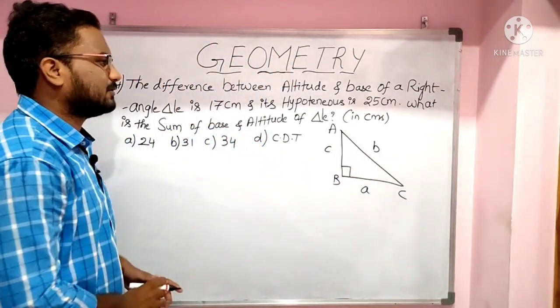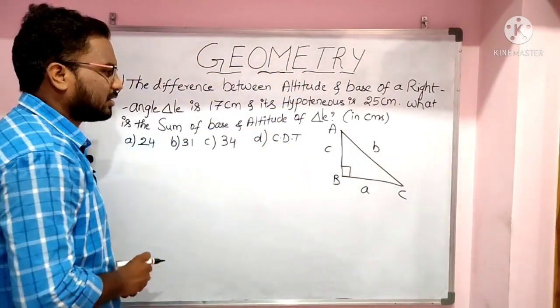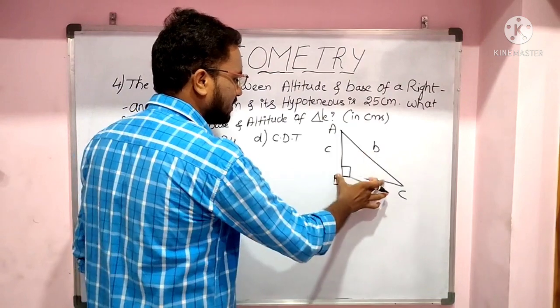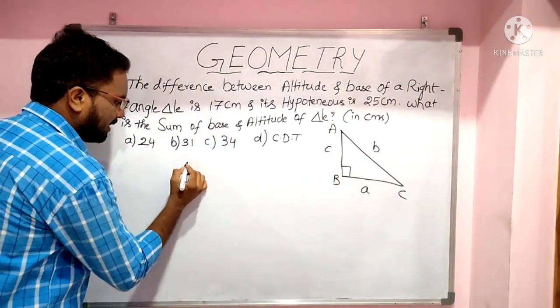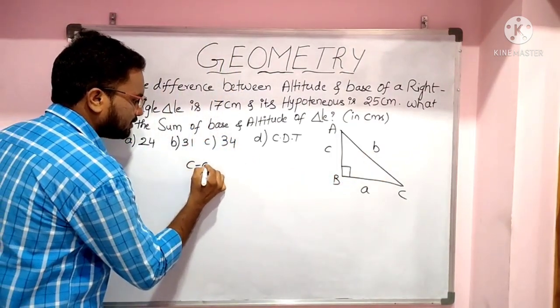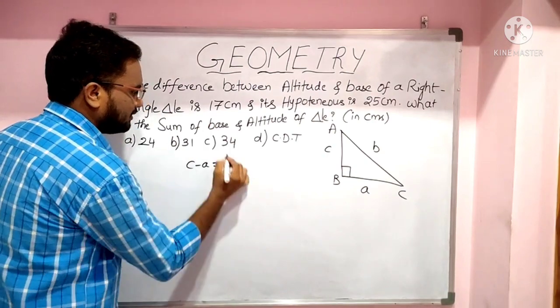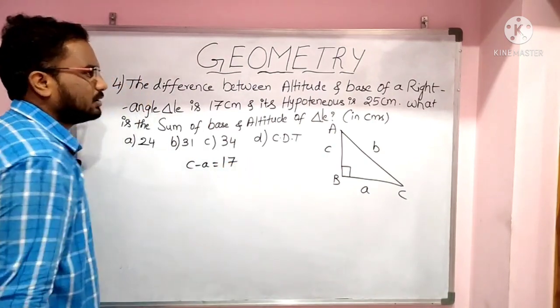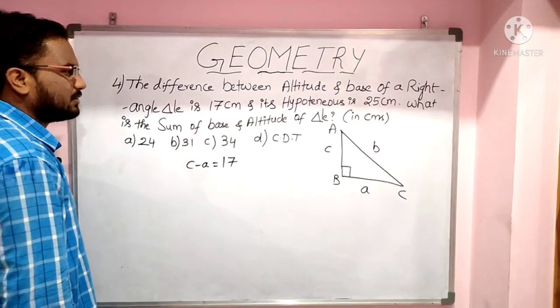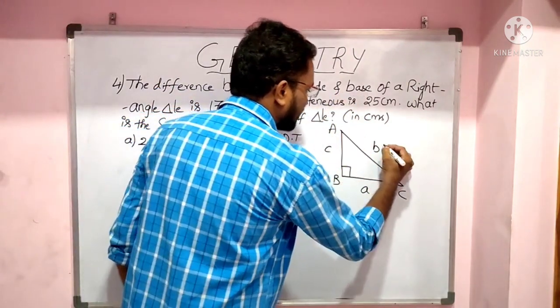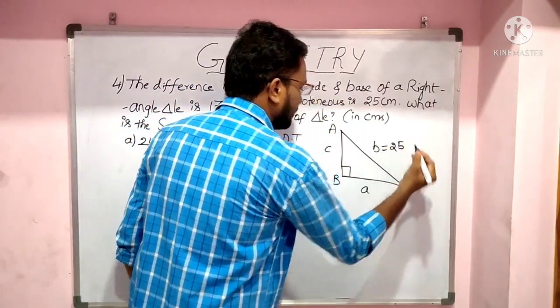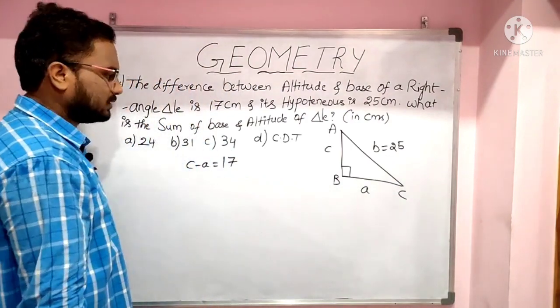The difference between altitude and the base of a right angle triangle. Altitude means this one is altitude and base. So c minus a is 17 centimeters, and its hypotenuse is 25. This is 25 centimeters.